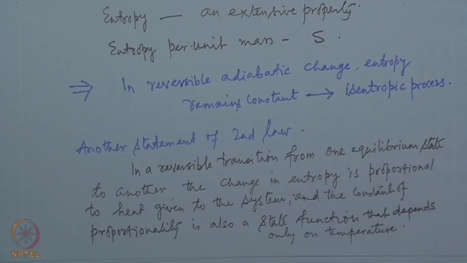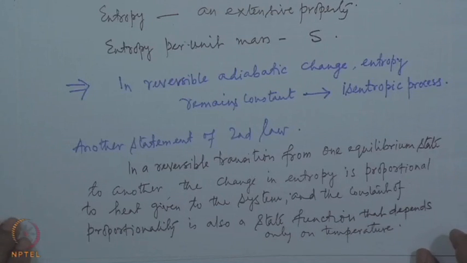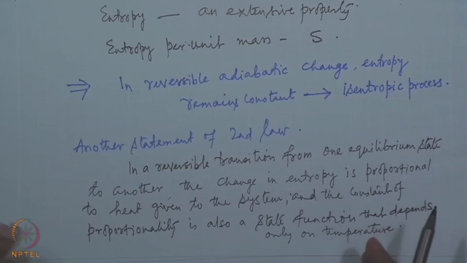What it says is that if there is a reversible transition from one equilibrium state to another, then the change in entropy will be proportional to the heat given to the system. If no heat is given, the entropy will not change, and the constant of proportionality is also a state function and it depends only on temperature.